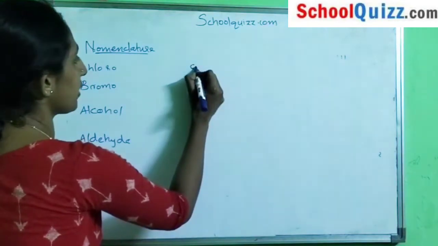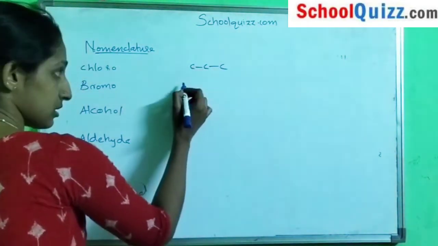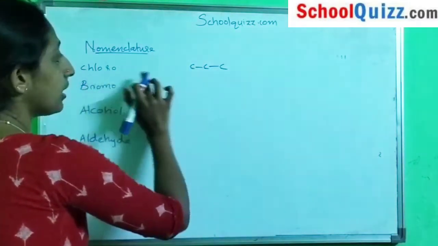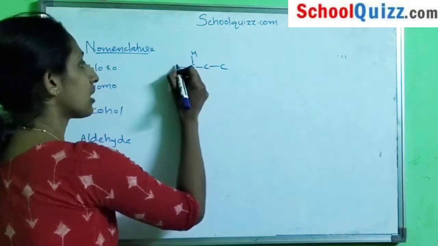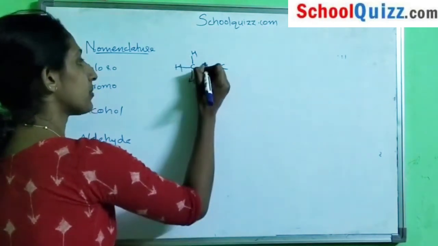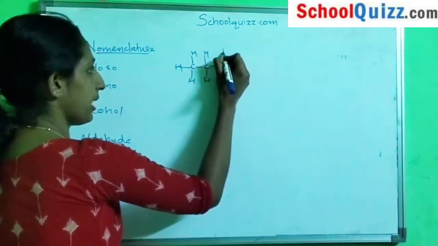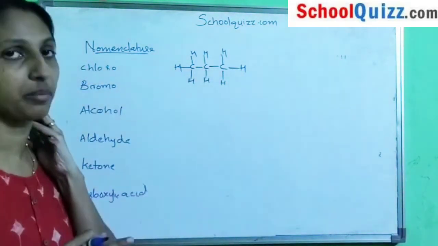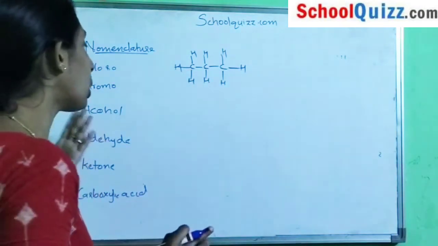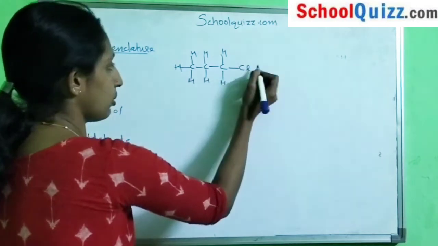Propane means it has 3 carbon atoms. So we are adding a chlorine group. 3 carbon atoms means this is the structure of propane actually. If one hydrogen is substituted by chlorine, it is known as chloropropane. So we can remove this hydrogen and substitute one chlorine.